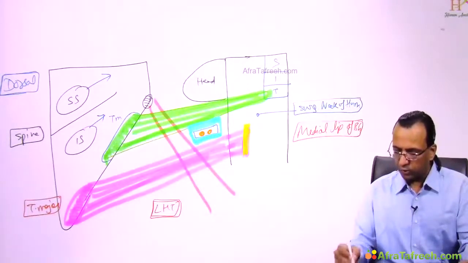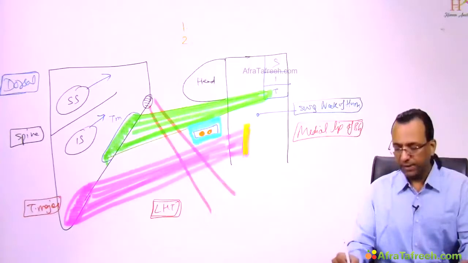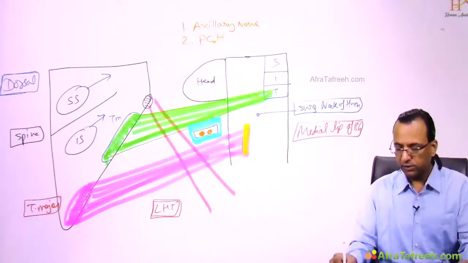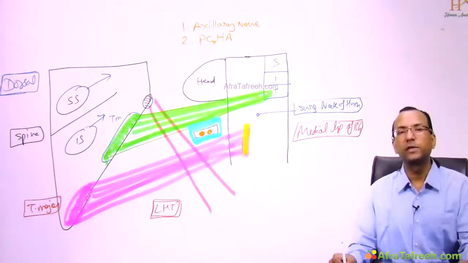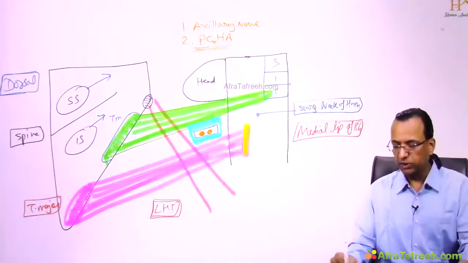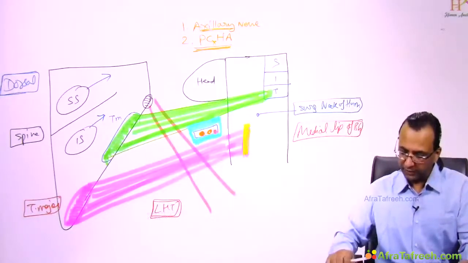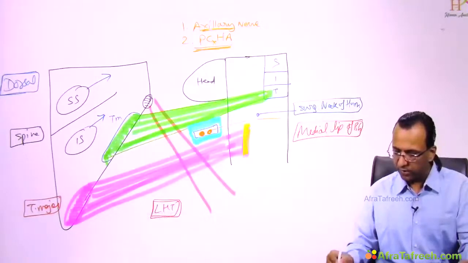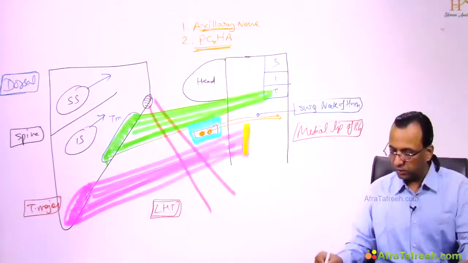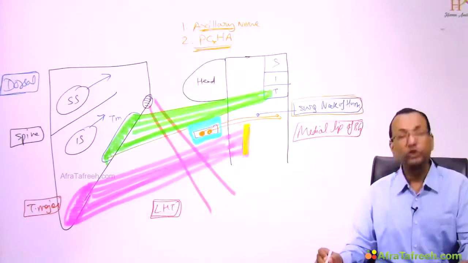I will write 1 and 2. One is the axillary nerve going to the surgical neck of the humerus, and the other is the posterior circumflex humeral artery, following the axillary nerve in the quadrangular space, and both of them go to the surgical neck of the humerus.